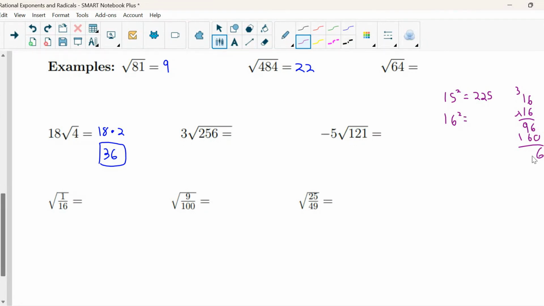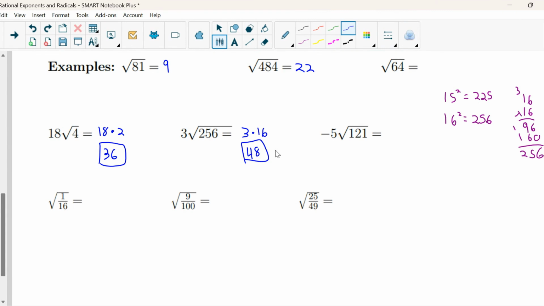So I've got 256. Perfect. So I know 16 squared is 256. So the square root of 256 is just going to give me 16. So I've got 3 times 16, which just equals 48.